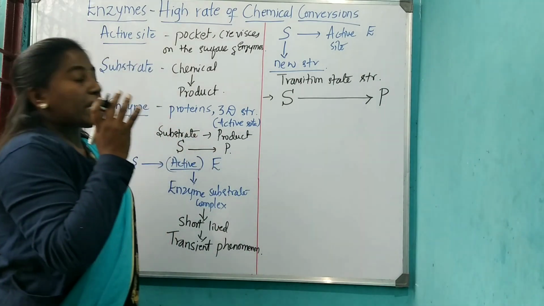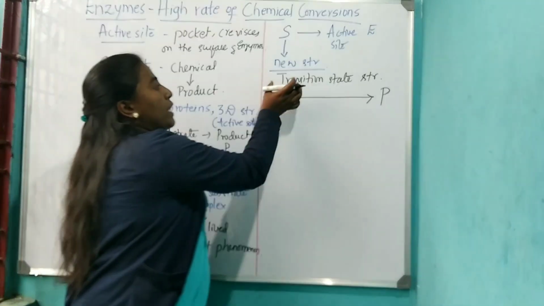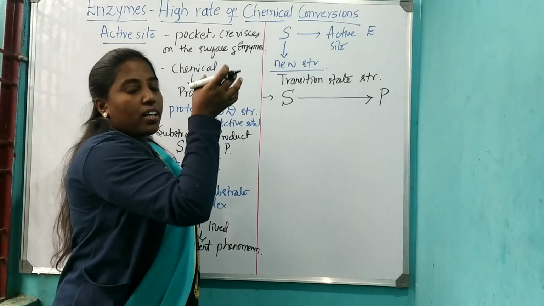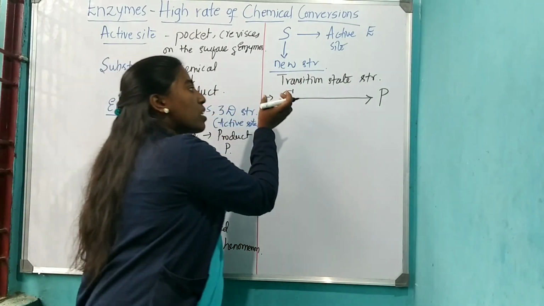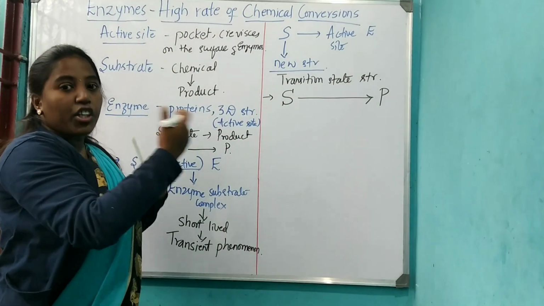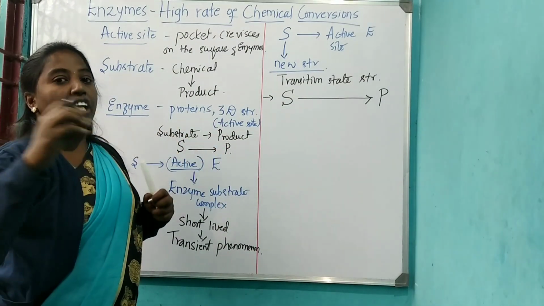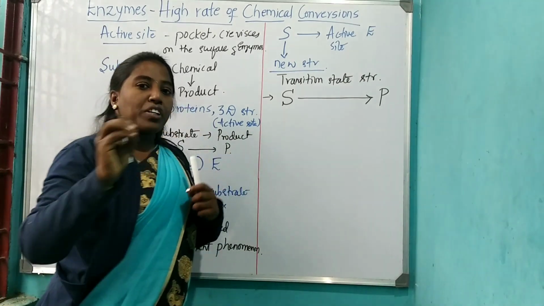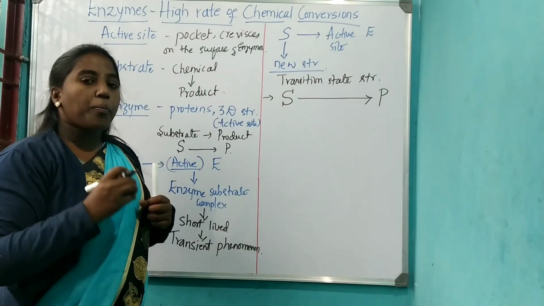Okay. So it has to pass through the transition state structure. The conversion of the substrate into a product is a continuous process where a number of reactions will be occurring. When a linked number of reactions occurs, what do we call it? Pathway.